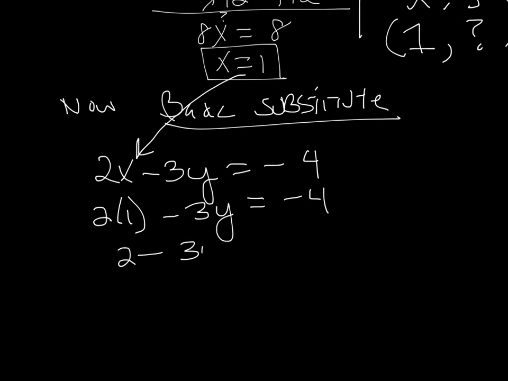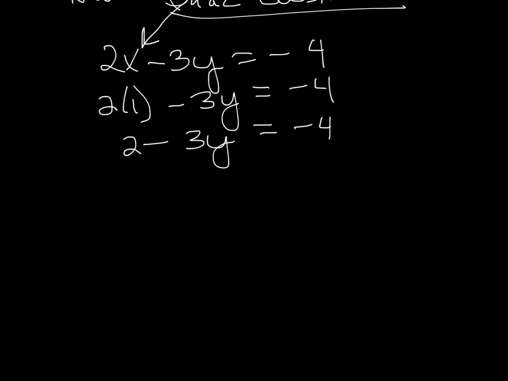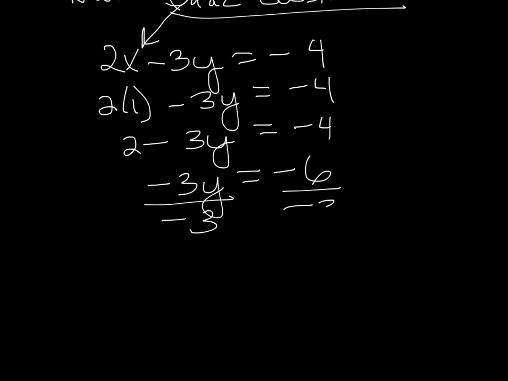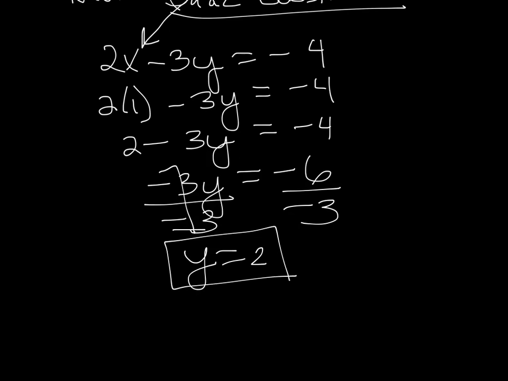So 2 minus 3y equals negative 4. And I can subtract 2 from both sides. And when I do that, I get negative 6. And then we can divide by negative 3, right? Because we want a 1y. So y equals 2. So x is 1 and y is 2.